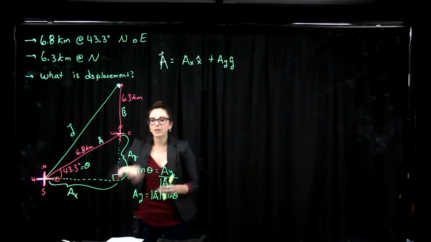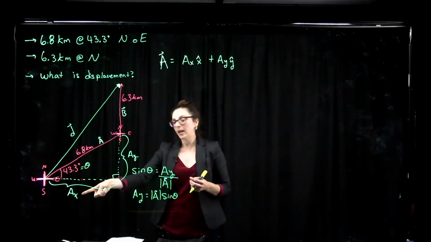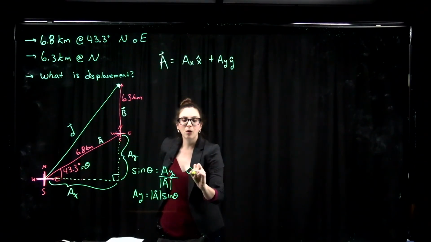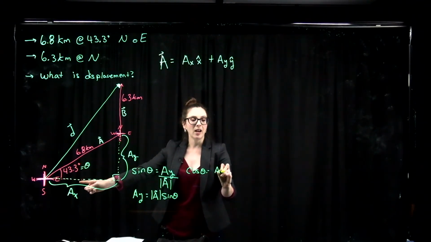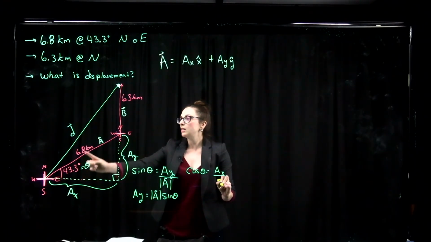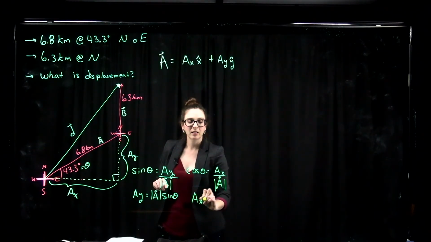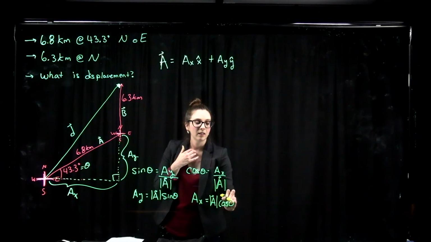And similarly, we can do this to figure out how to calculate the X component of my A vector. We use cosine for that. Cosine theta is equal to the adjacent side, that's my X component, divided by the magnitude of A. So AX is equal to the magnitude of A cosine theta.